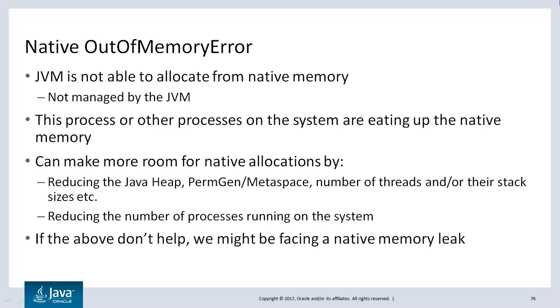If all of these measures don't help and we still run out of native memory, then we should investigate if there is a native memory leak. For example, we might have JNI code that's allocating buffers in native memory but is not deallocating them appropriately.